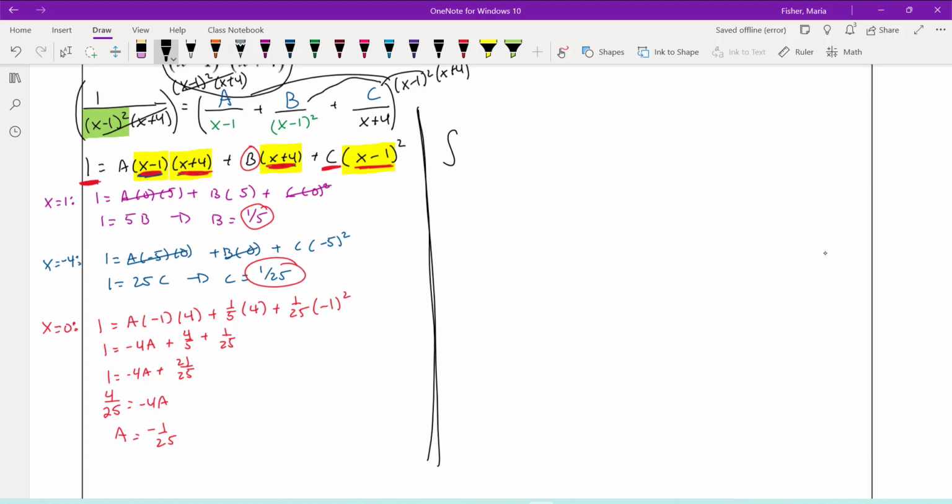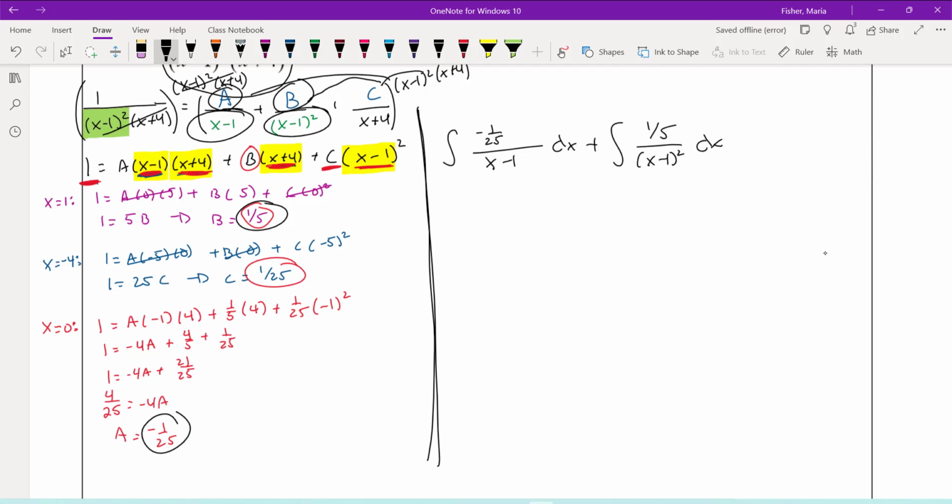So I have the indefinite integral of A, which is negative 1 over 25, divided by x minus 1 dx, plus the integral of B, which is 1 over 5, divided by (x minus 1) squared dx. Finally, the integral of C, which is 1 over 25, divided by x plus 4 dx.